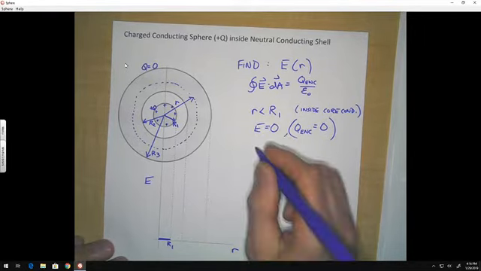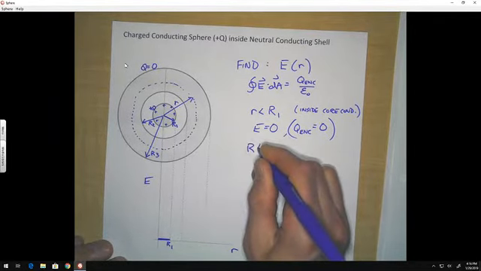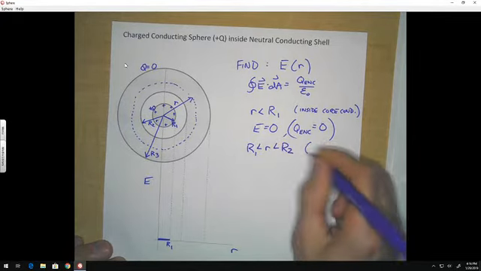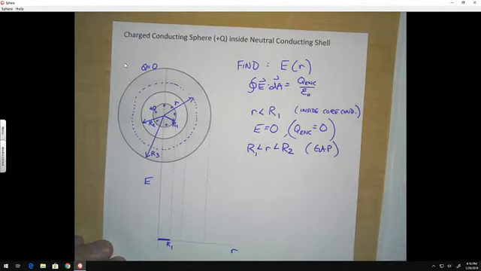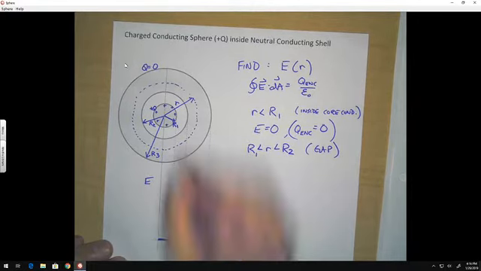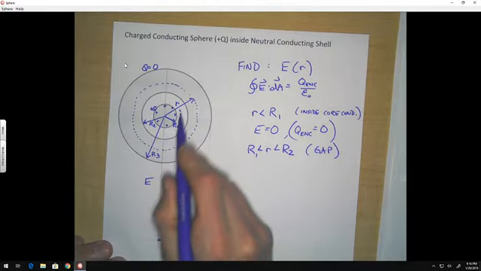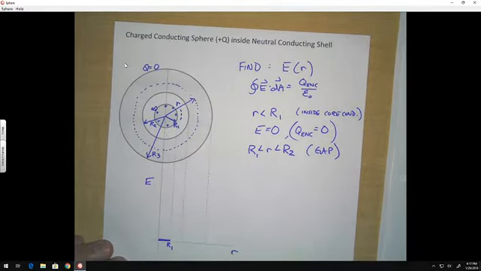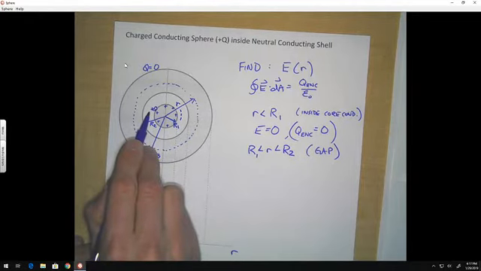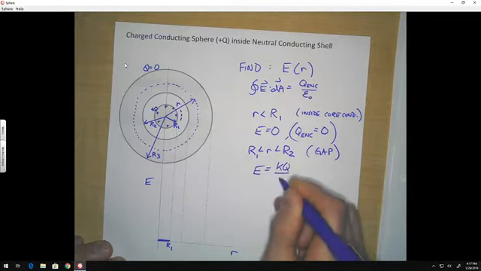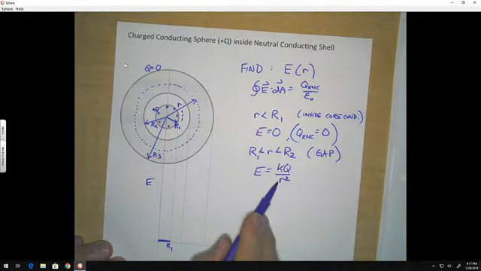Okay, what about when I'm in between? We'll call that the gap region. In the gap region, I'll just draw part of a Gaussian surface here. If you continue this all the way around, you'll see that your Gaussian surface is going to enclose the charge of plus Q. And so the electric field in that region is going to be given by the point charge formula.